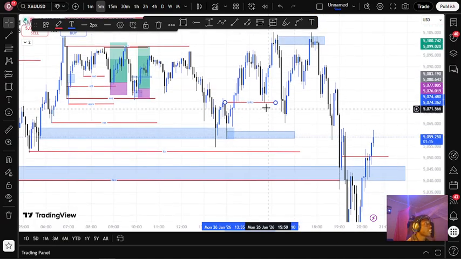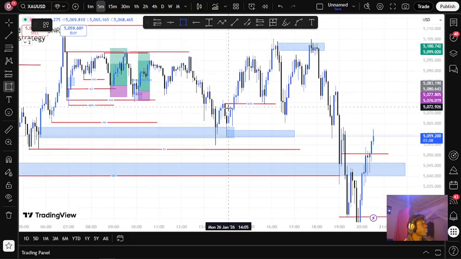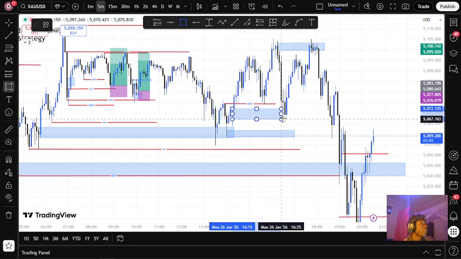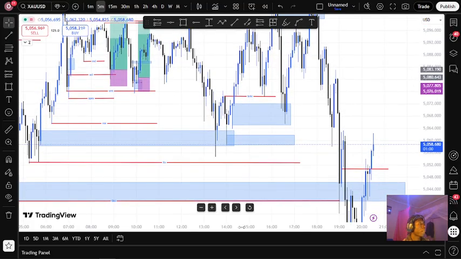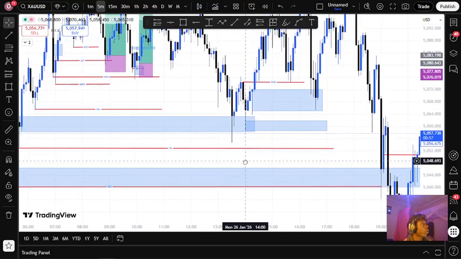It went up, but there was no liquidity. So this was my liquidity, and this was my POI at this zone here. Why was this my POI?